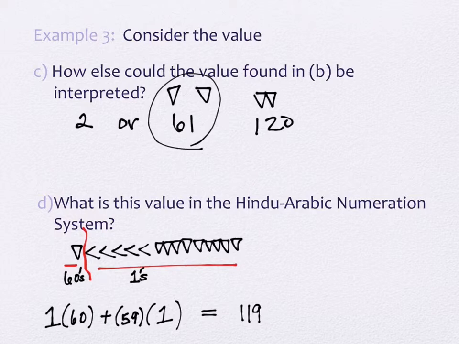This system's pretty complicated for many different reasons. Number one, it's complicated because it's in base 60 and we're not comfortable with that. We're comfortable in our base 10 world. It's also not comfortable because I don't have place value holders. Imagine if I had the ones place, the 60s place, and the 60 squared place, and what I really wanted was a triangle here and a triangle here.